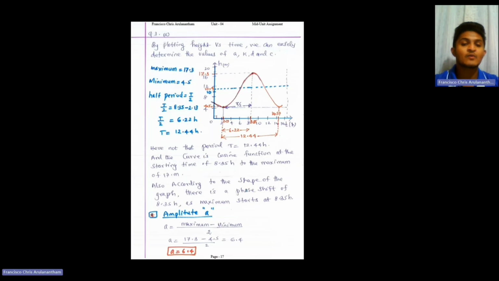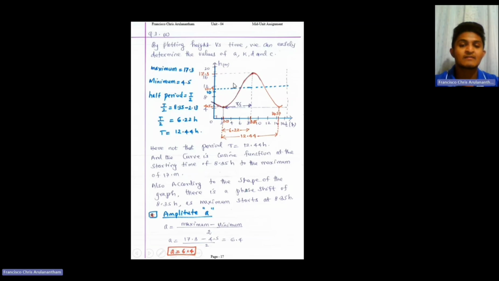Maximum value is 17.3, minimum value is 4.5, half period is T by 2, which equals 8.35 minus 2.13, so we get T as 12.44 hours.